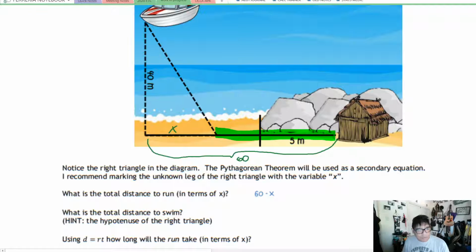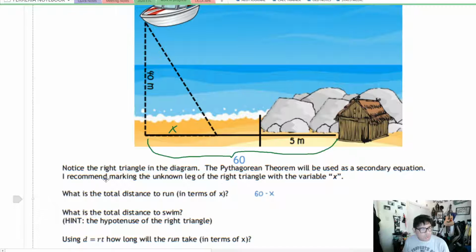That's how much we have to run. We have to make sure that 60 minus x is also greater than 5, because of this 5 meter bit right here. This 5 meters means that I've got to make sure that 60 minus x is going to be greater than 5. Now the next question is, how much do we have to swim?